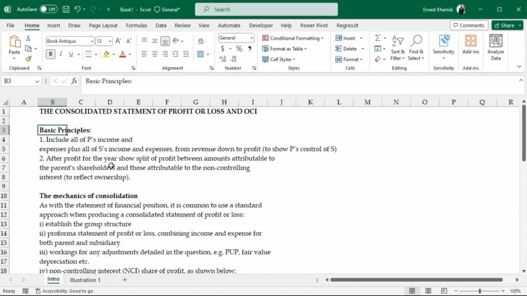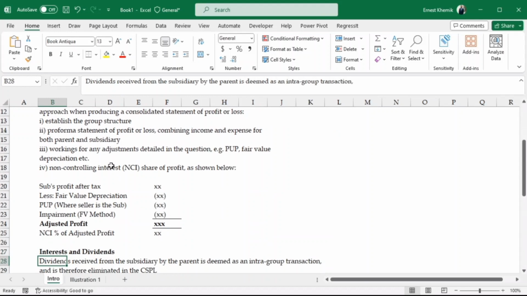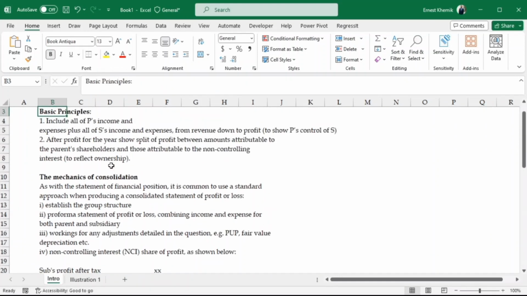So we are including their income and expenses together from revenue down to profit for the year. And then after doing that, we are going to calculate the NCI's percentage of the subsidiary's profit for the year, and then we are going to use that to split the profit for the year from the group between the parent shareholders and those attributable to non-controlling interest.